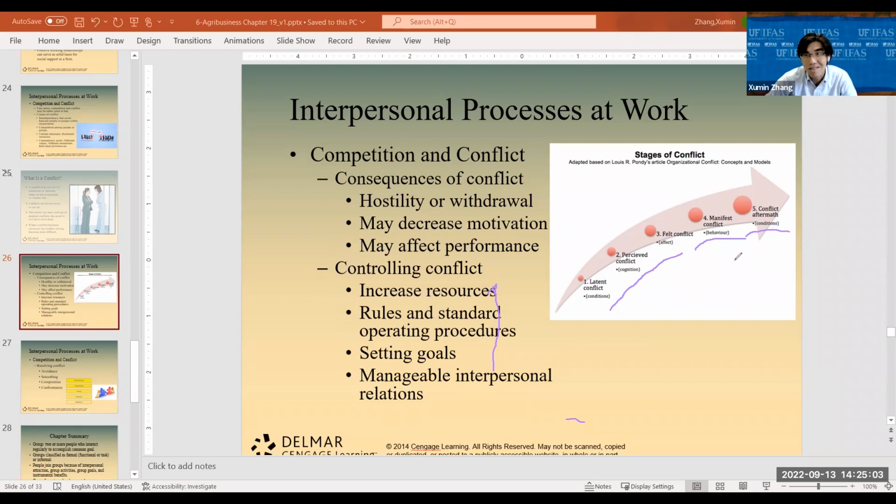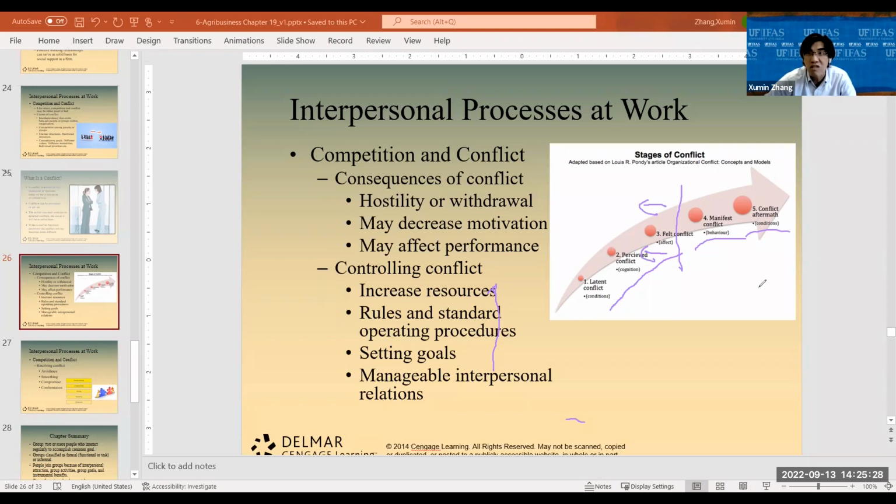It causes serious consequences, hostility, and also withdrawal behavior. Of two sides, one side has to withdraw, leave, or quit, right? And then this is already something you cannot save anymore. Allow me to say, the conflict should be stopped somewhere here.